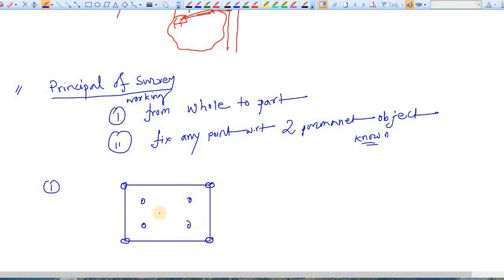Now you start surveying, let's say from here. Let's say you have located this point perfectly, and this point you have located here, and this point here, and this point here.